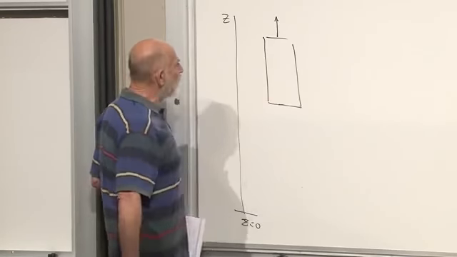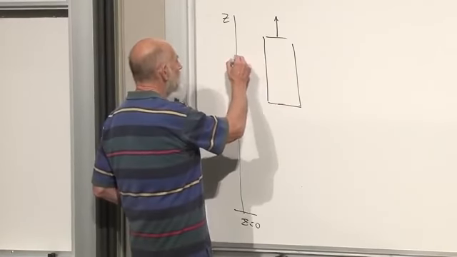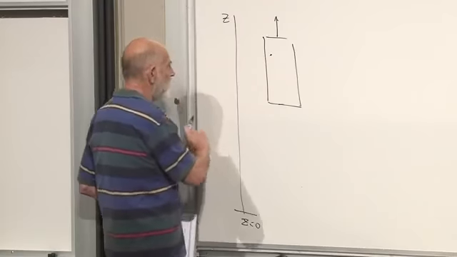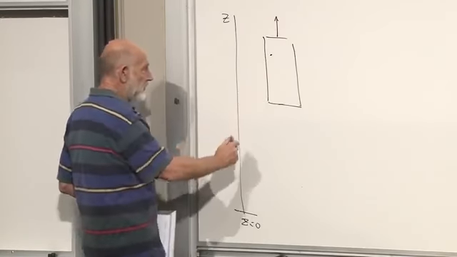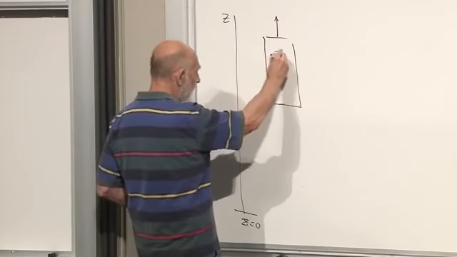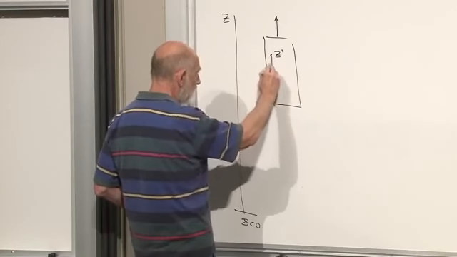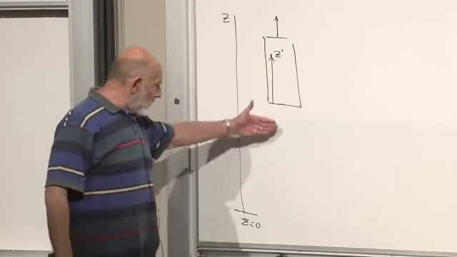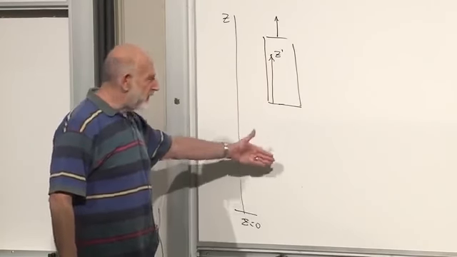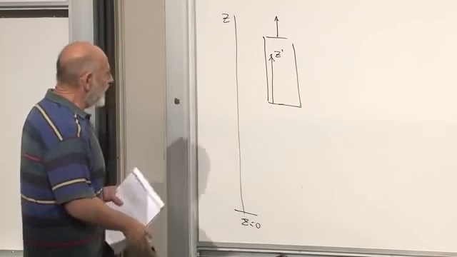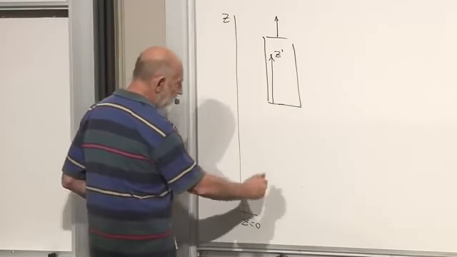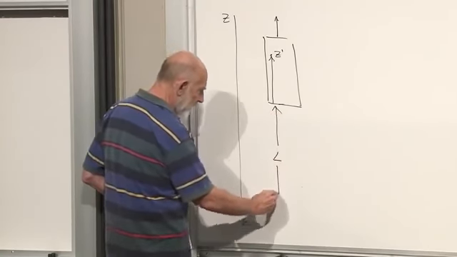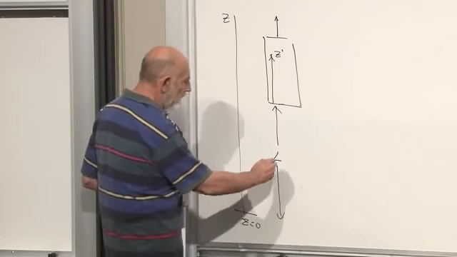It's being measured from the floor of the elevator, and so the same physical point, let's say it's a point over here, has a Z coordinate, and it has a Z prime coordinate, and Z prime is measured from the floor. Now, the height of the floor of the elevator relative to Z equals 0, let's call it L. And L is clearly a function of time.